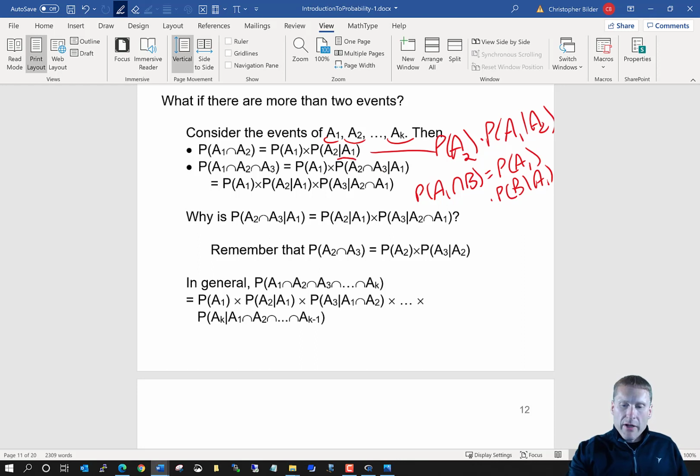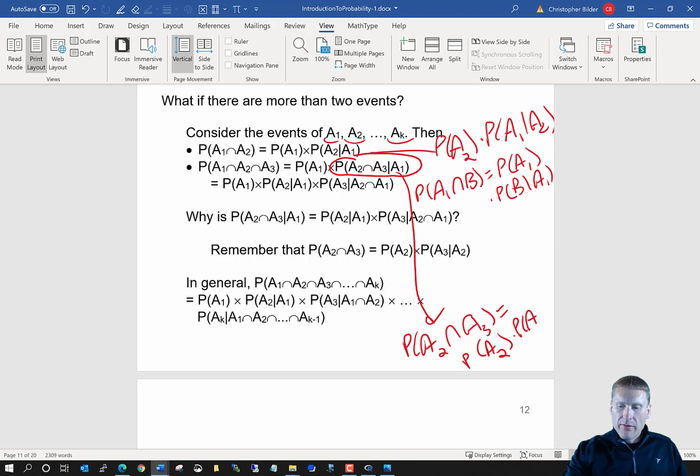So now let's try to break this up here. Let me come down here to an empty spot. If I just had the probability of A2 intersect A3, I could write that out as the probability of A2 times the probability of A3 given A2. You could write it out like that, but remember now we are actually conditioning on A1 as well.